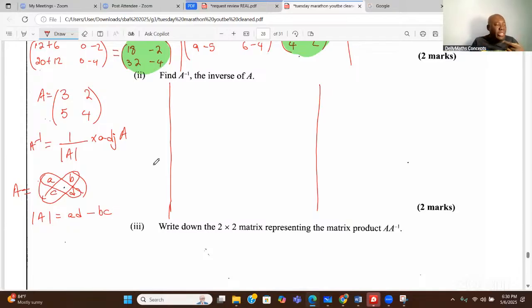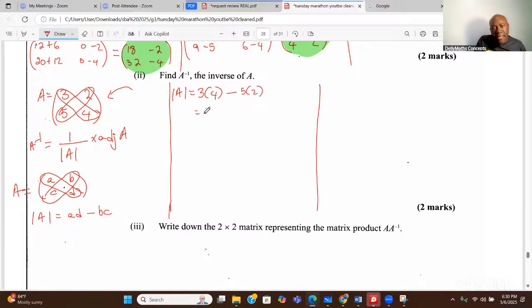We're going to do that now to the A matrix. Let us find the determinant of the A matrix that we have right here. It's going to be 3 times 4, not a big deal, minus 5 times 2.